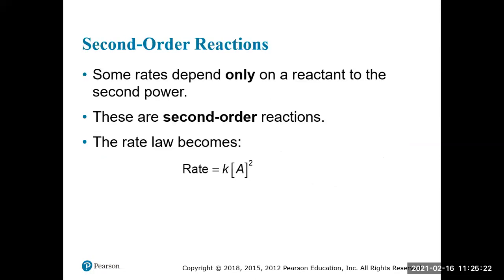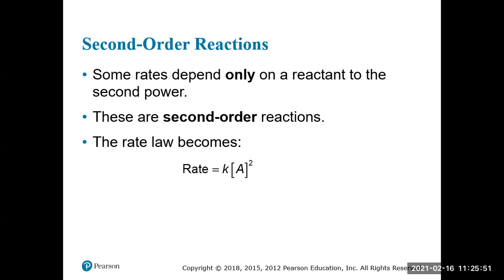So let's talk about second order reactions. Sometimes the rate only depends on the reactant in the second power, and these are second order reactions. The example we're going to go through is where we have one reactant that matters, and it's a second order reactant itself.